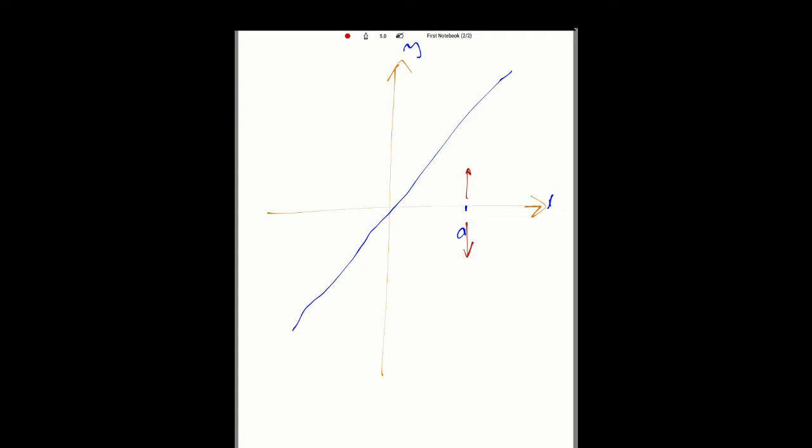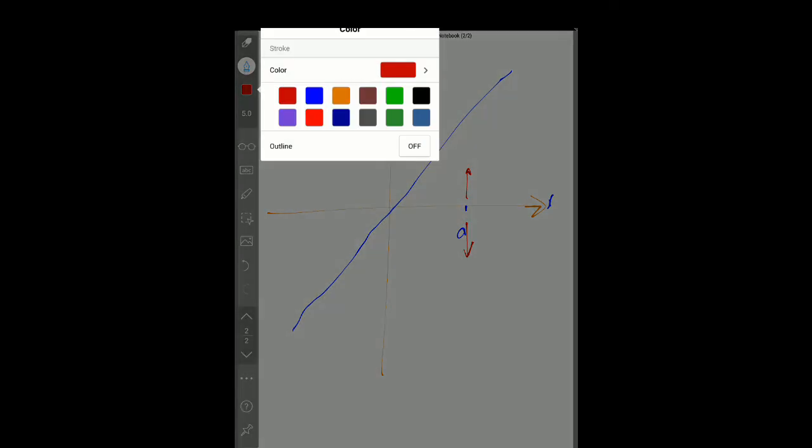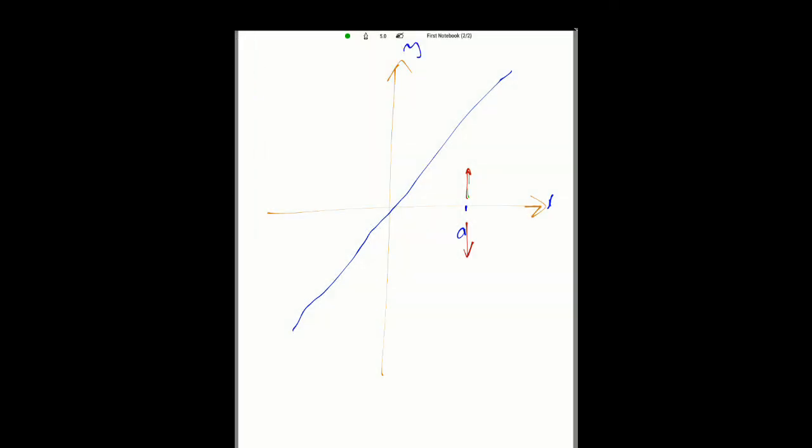And upon finding a graph, it selects the corresponding f of x value, which in this case we'll be calling f of a, and that is a value that it is matched with.